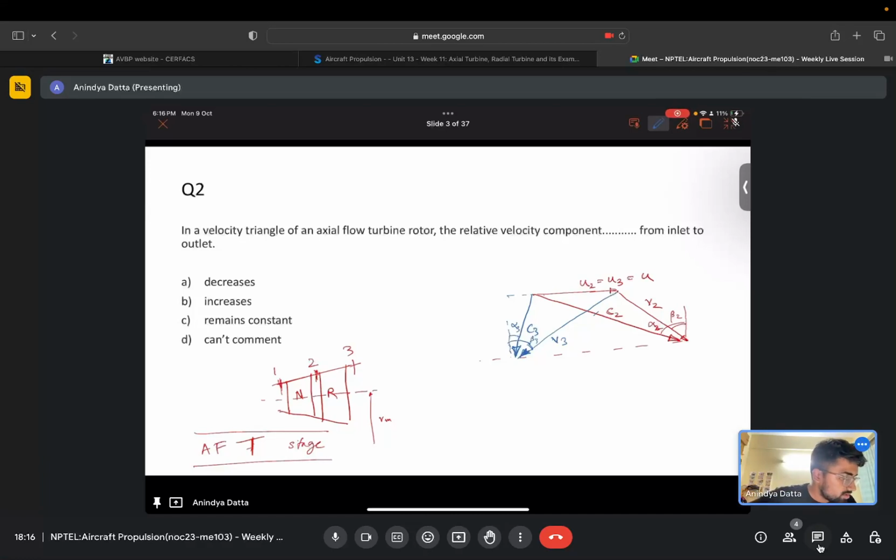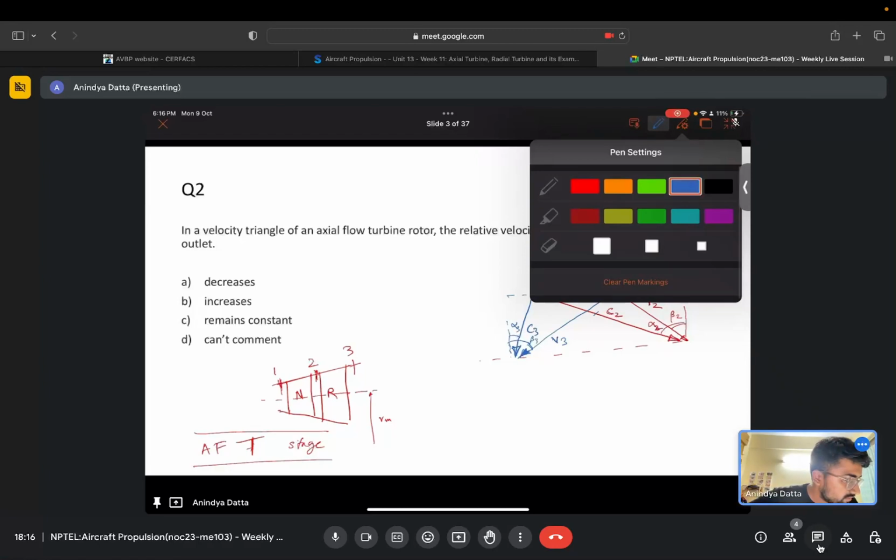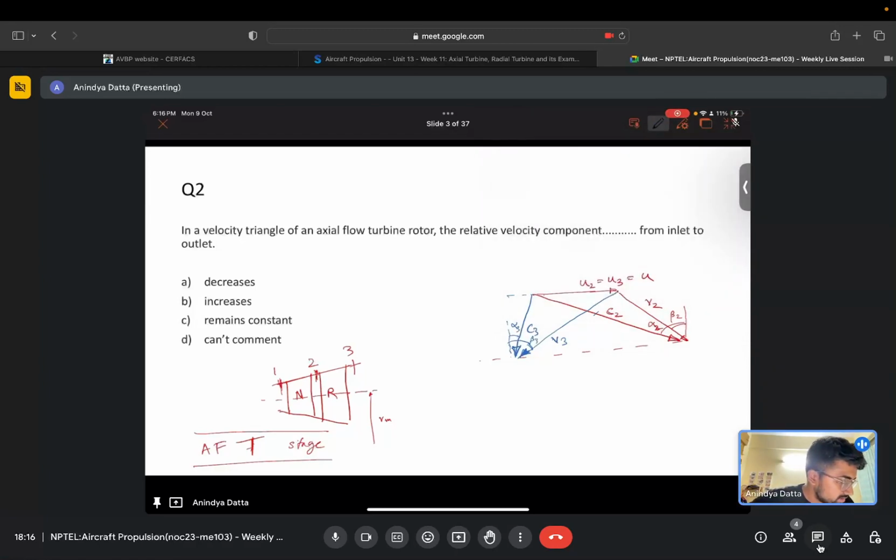Here you can see that if you look at the length of the vectors, v3 is greater than v2, so the relative velocity component increases.